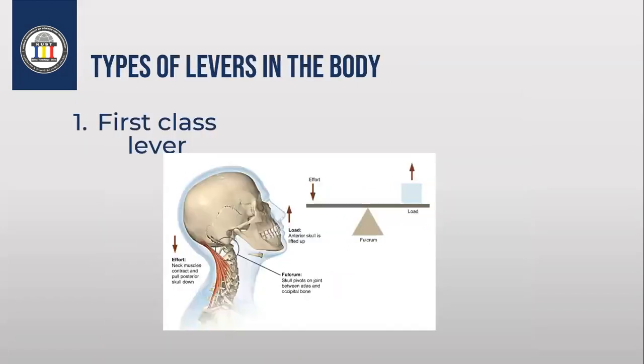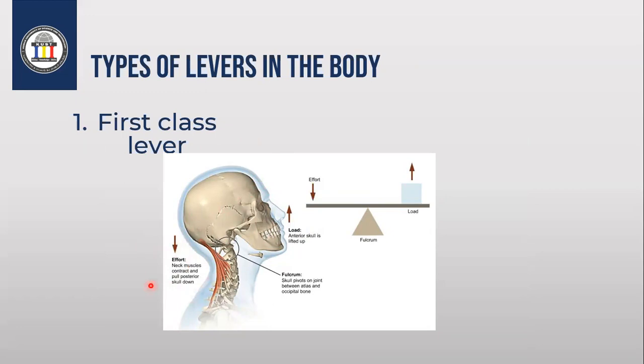Let's give examples. For example, if you see this shape here, when the person makes a movement of his head, okay? He is applying load on that side, and the effort will be done on that side.